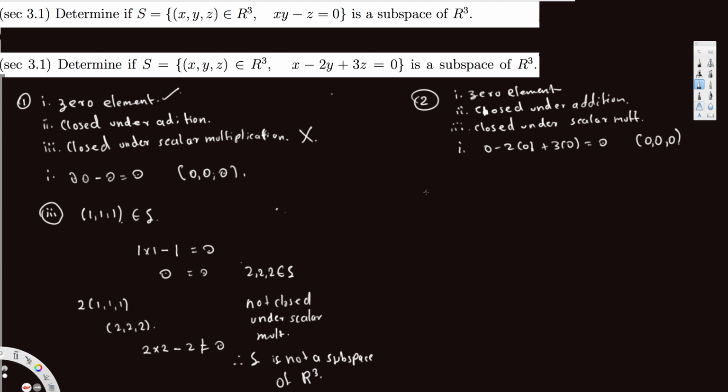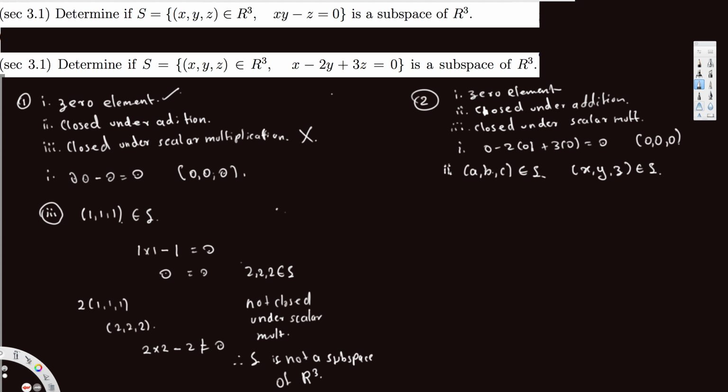In this case, I have to choose arbitrary values to prove that it's true for everything. Let's pick a value like (a, b, c). Let's say (a, b, c) belongs to the subspace, and I can also pick (x, y, z) belonging to the subspace.